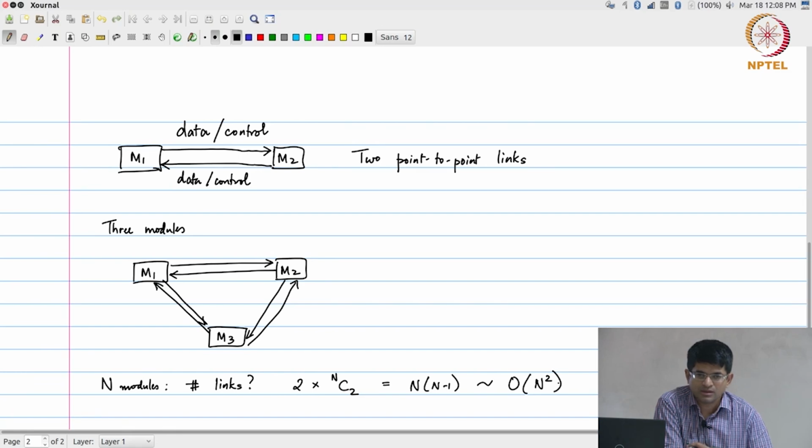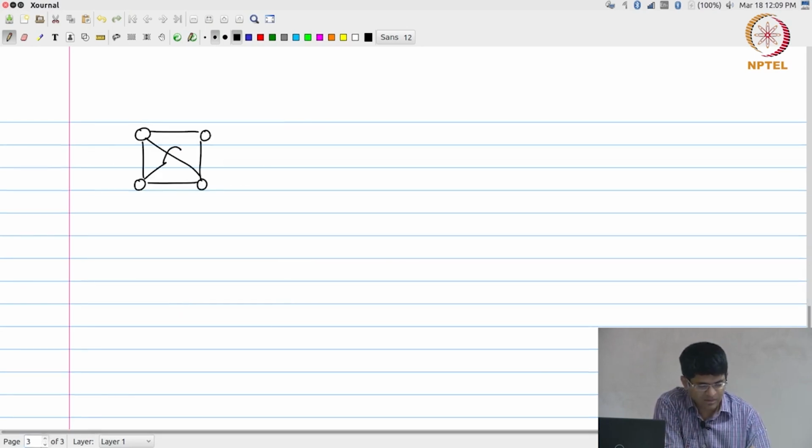There may be situations where you actually want to have something of the sort. There are obvious problems over here. One is, as I increase the number of modules, the number of wires or links that I require is going up as n square, which means not only that I have a large number of wires, it also means that routing them is going to become nearly impossible after a while, because I can already see that, once I go to 4, even the routing is going to become difficult in a planar geometry.